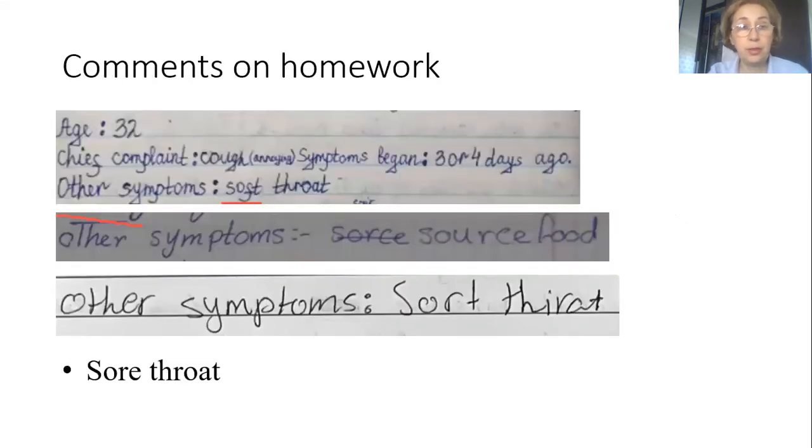And the first slide here is about your homework. You were given the task to watch the video episode about the conversation of a nurse and a patient, and the task was to complete the gaps in the chart.